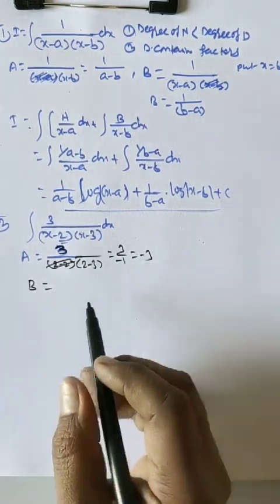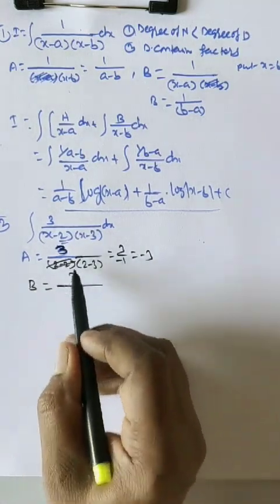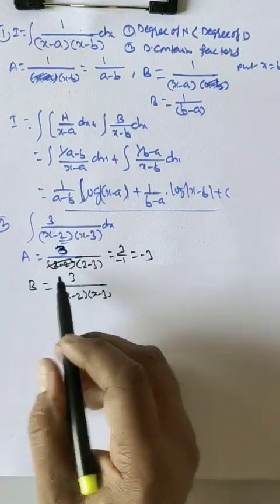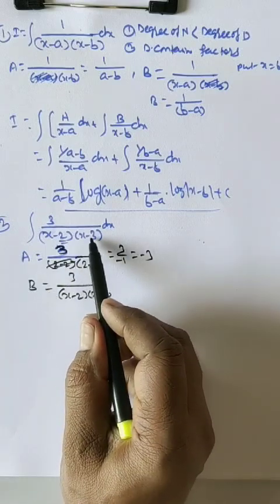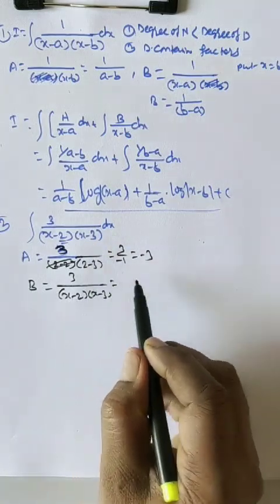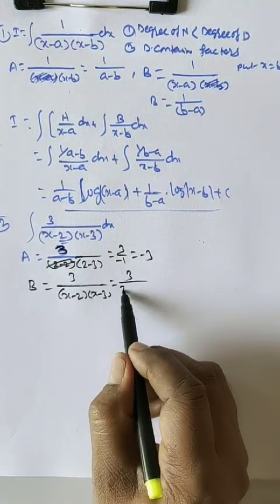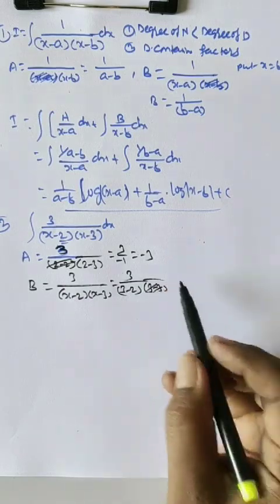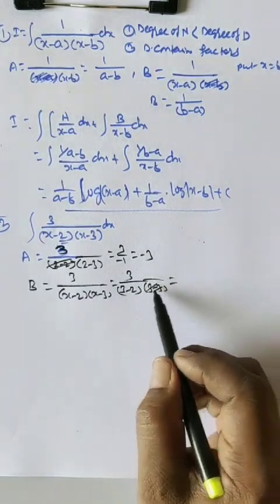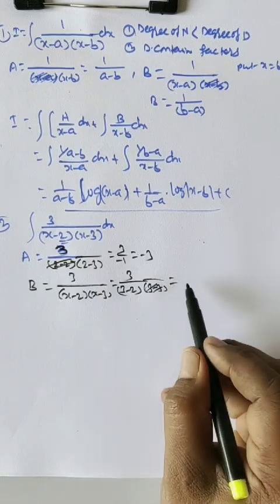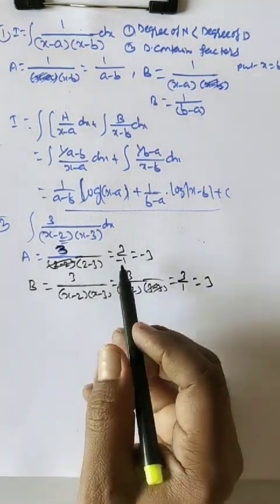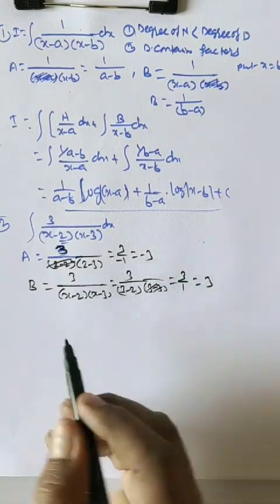To find b, again take x minus 2 into x minus 3. Put x equal to 3. 3 minus 3 is 0, this term is neglected, so b equals 3 upon 1, which is 3. Therefore a equals minus 3, b equals 3.